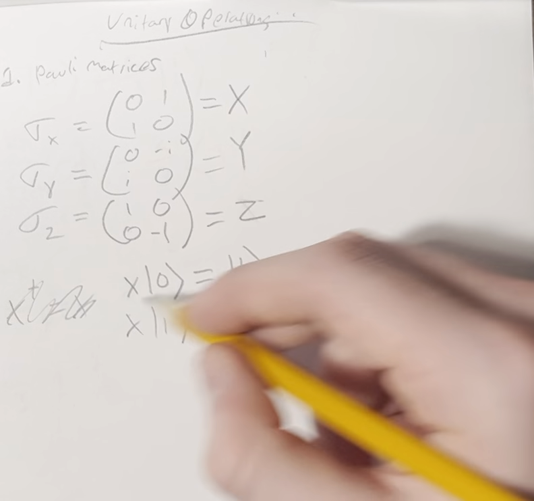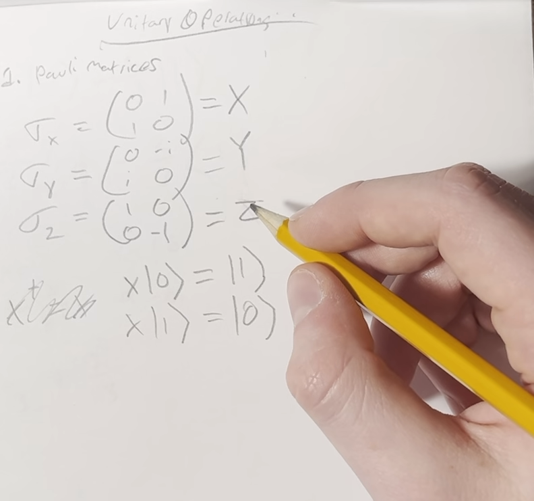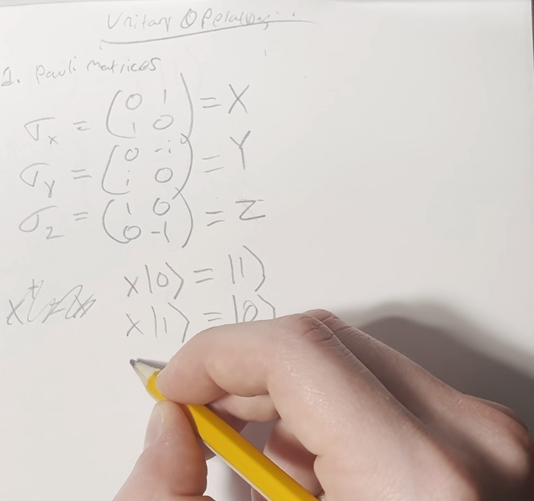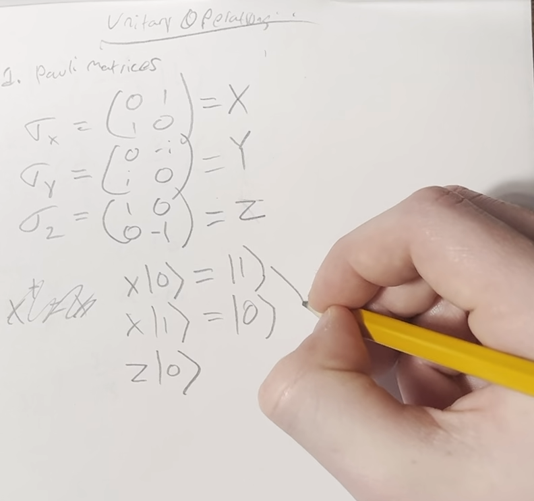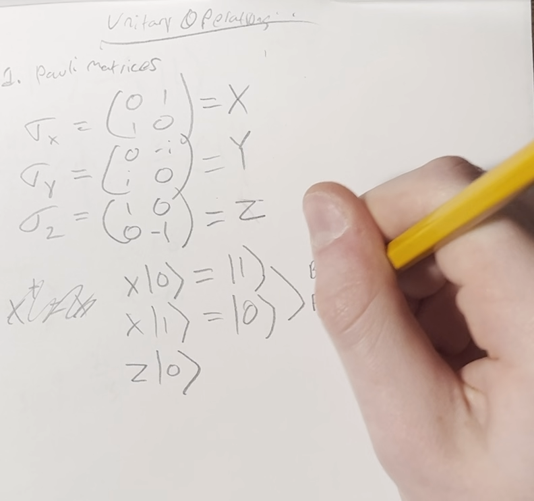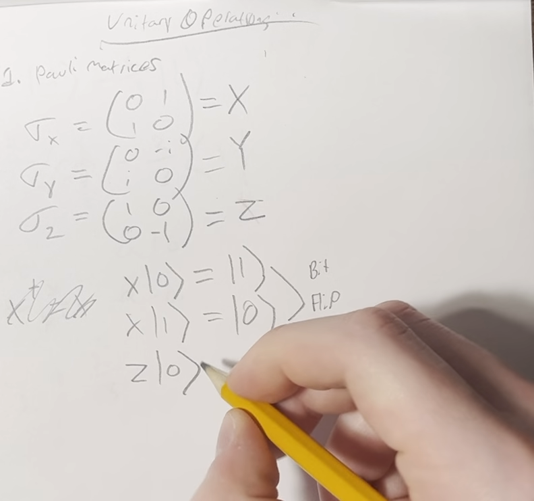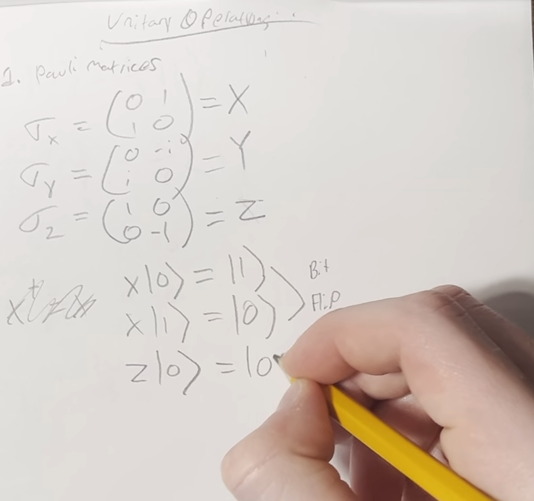And then the Z matrix, the Z Pauli matrix, is called a phase flip. Now what this does is, if we apply it to ket 0, it does not flip it.